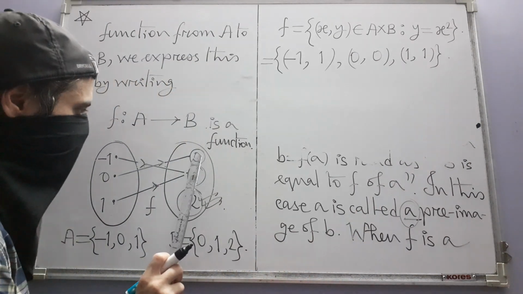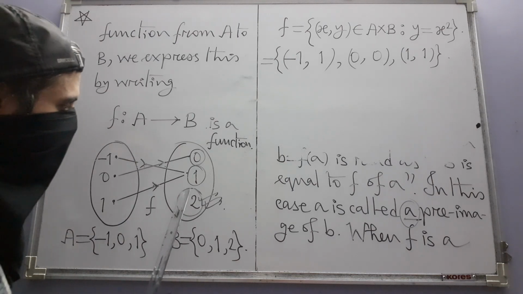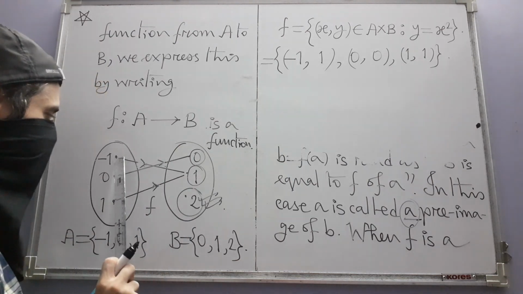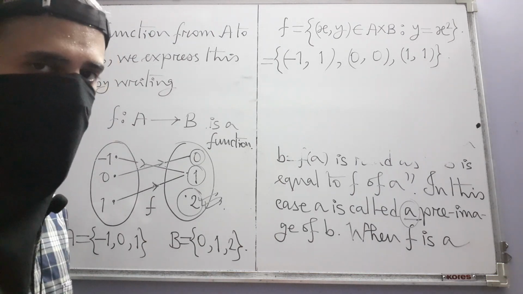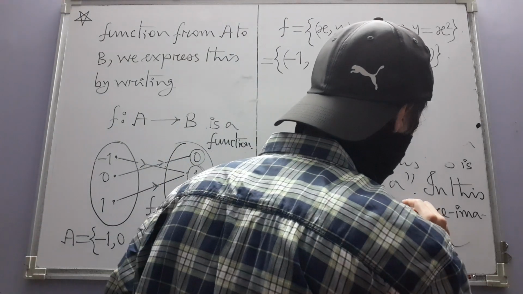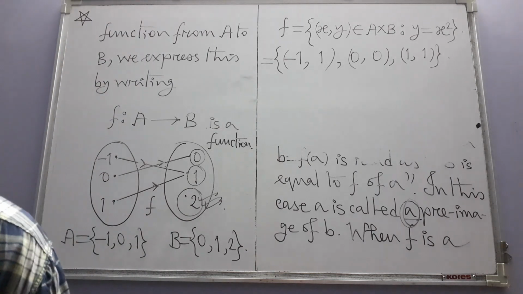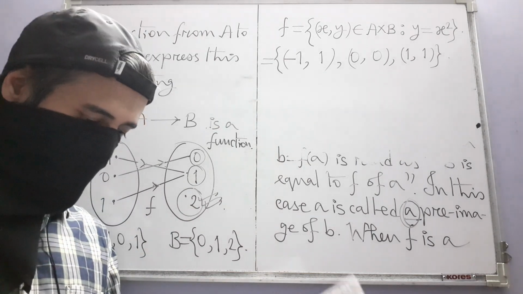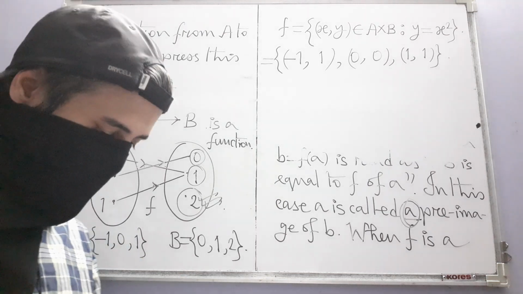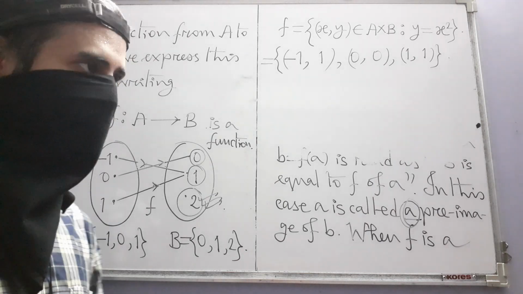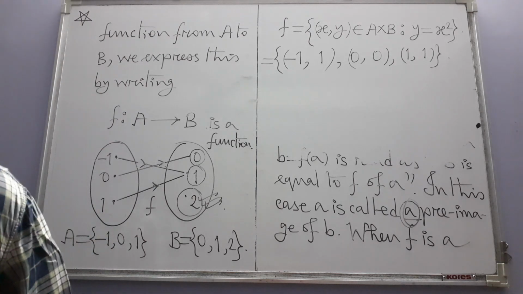For example, 0 has only one pre-image, fine. 1, however, has two pre-images, -1 and 1, whereas 2 doesn't have any pre-image. That is why we write a pre-image. Okay. So these are the things about function. Now that we have understood all the things, let us go to some examples. This is one example, but let's go to the actual examples which are there in the text.